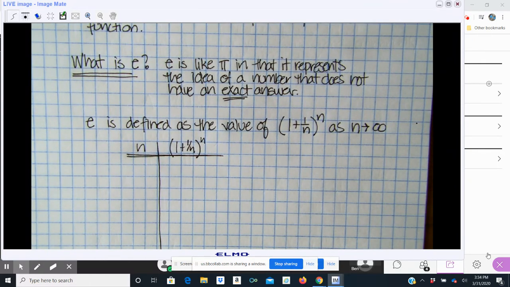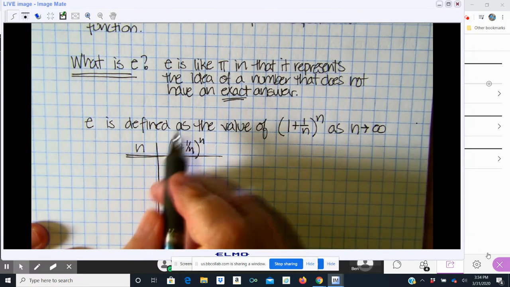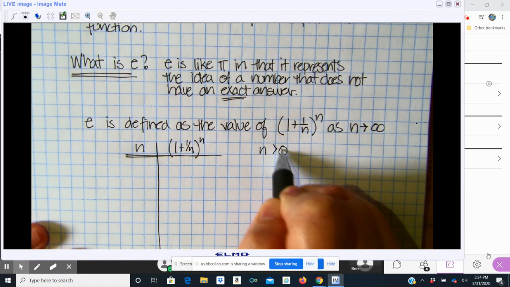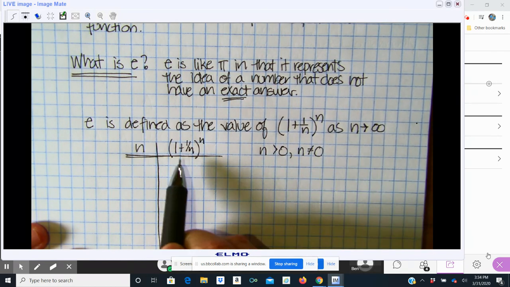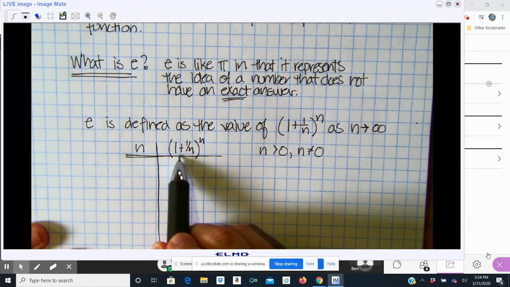And I just want us to take this pattern as far as we can for right now. Okay? So keep in mind that our n's will all be greater than 0, but our n cannot equal 0, because if our n is 0, this implodes right here.